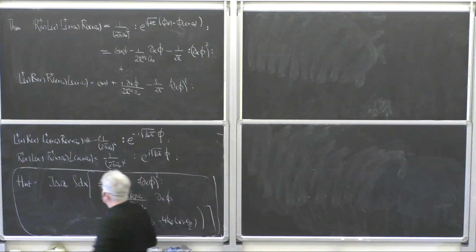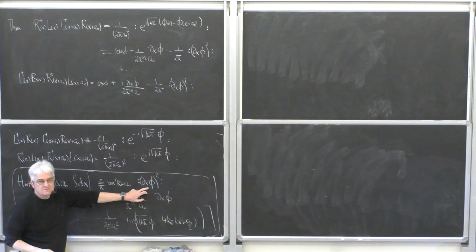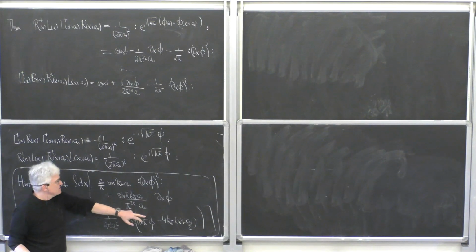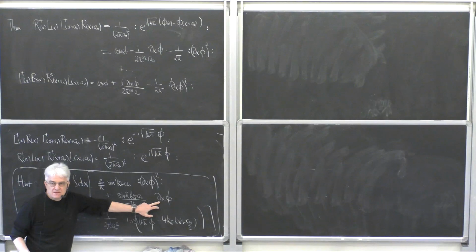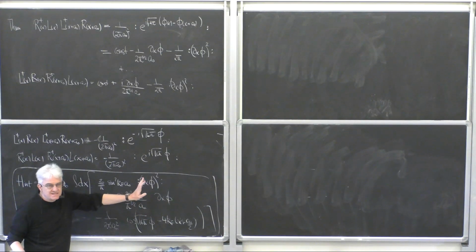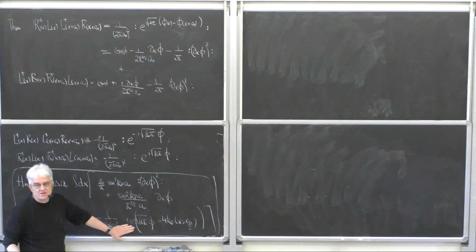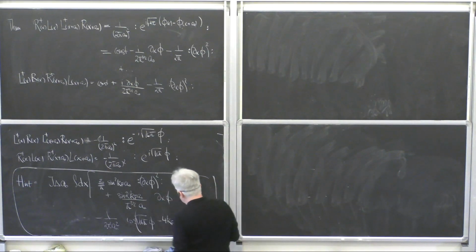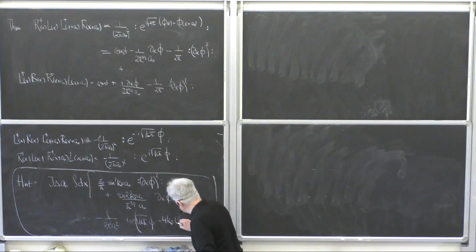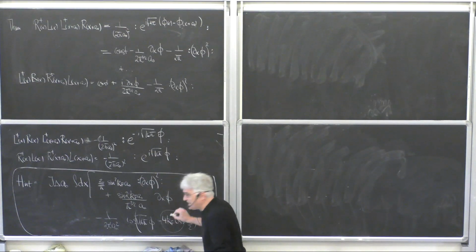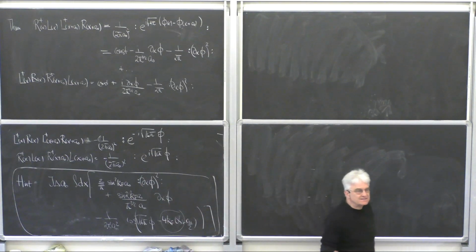Okay, now this term we're happy with, because it's quadratic in the bosons. This term we're happy with, so we can deal with it very easily. It's linear in the bosons. Now, what about this term here? This is one of these bosonic vertex operators. Here we have a 4kfx factor.